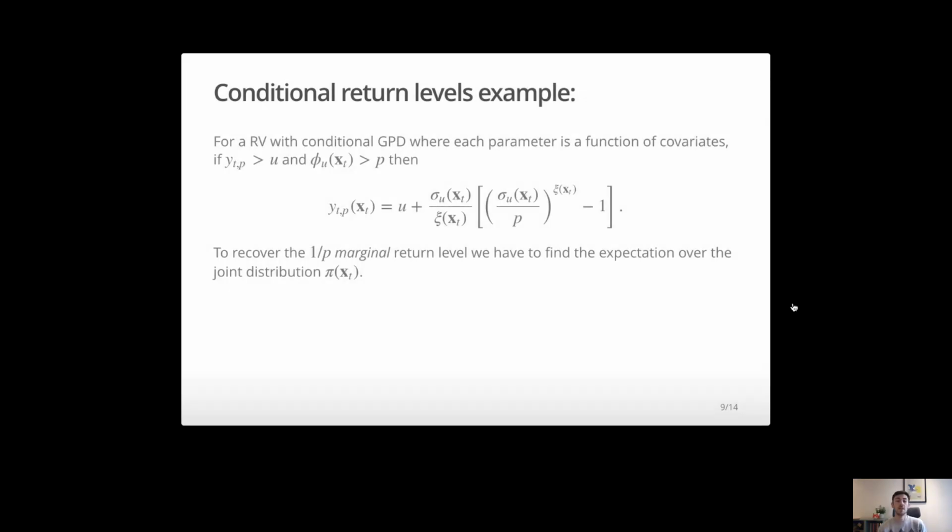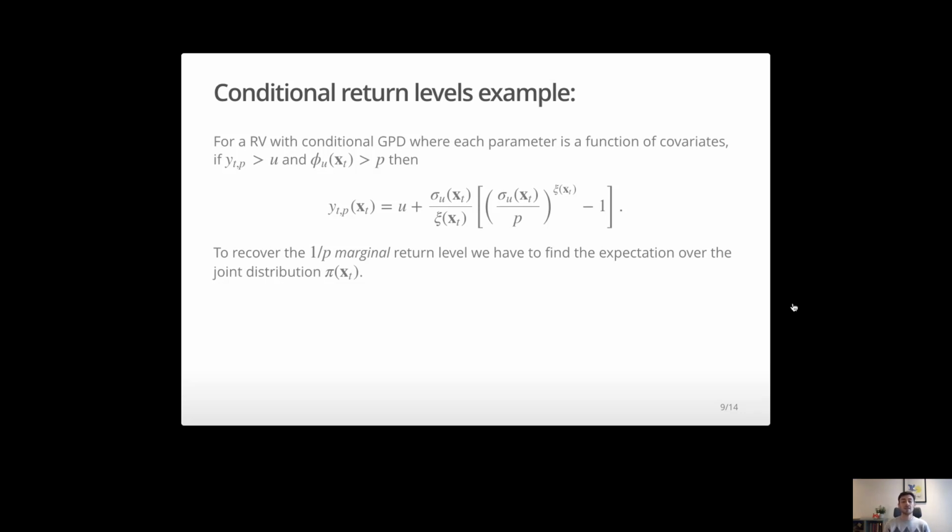So for example, if we're looking at a GPD model and we're looking at a conditional return level that is bigger than our modeling threshold, and our probability of exceeding the threshold at that time is greater than our return probability, then what we get is a very similar expression to what we had before, but now each of our parameters depends on the covariate values at that time t.